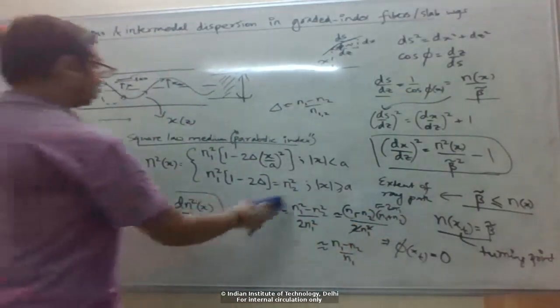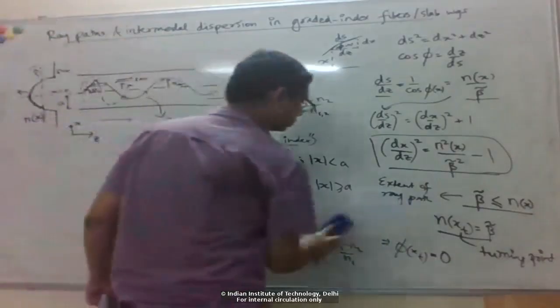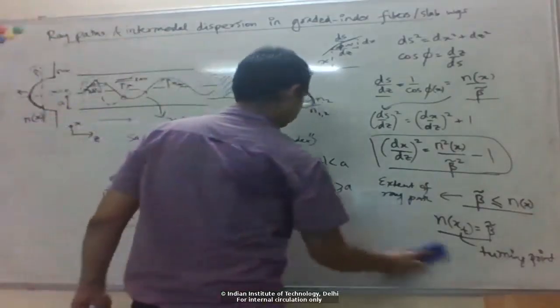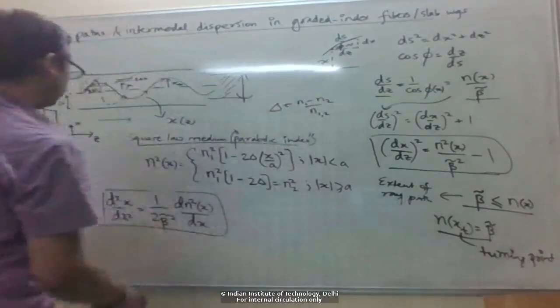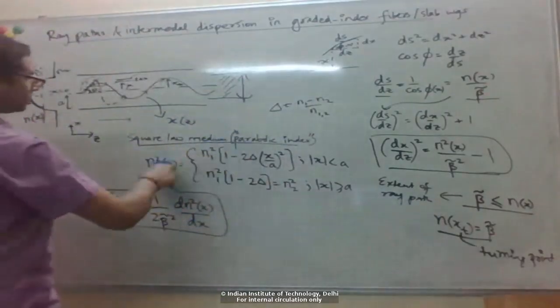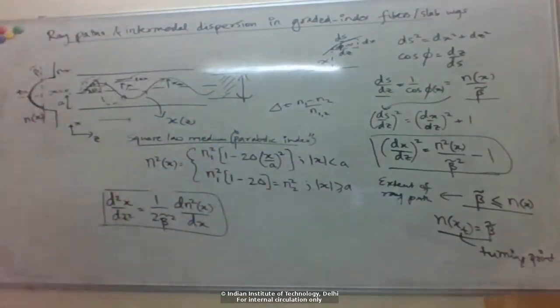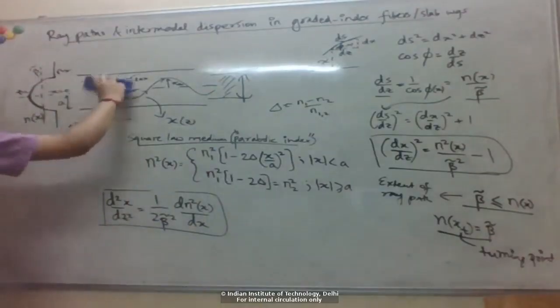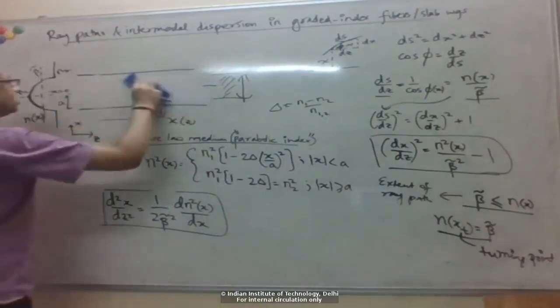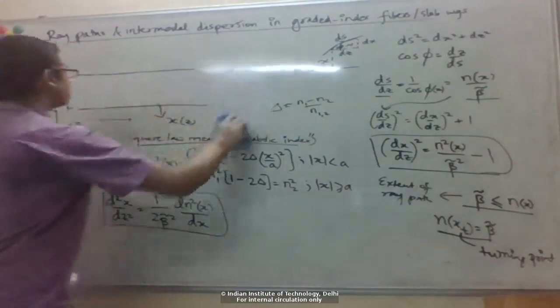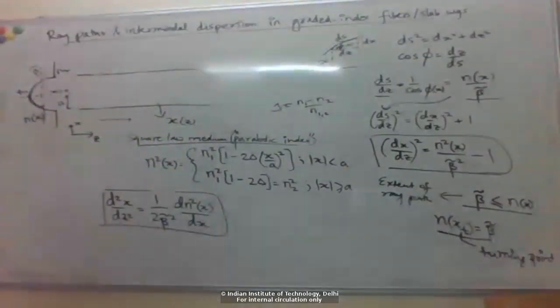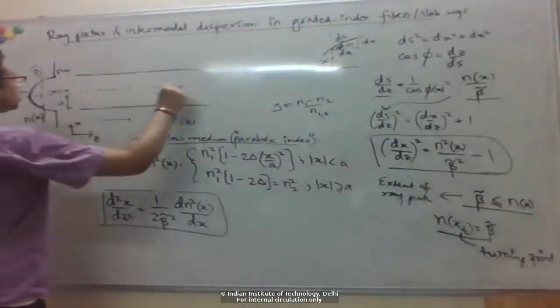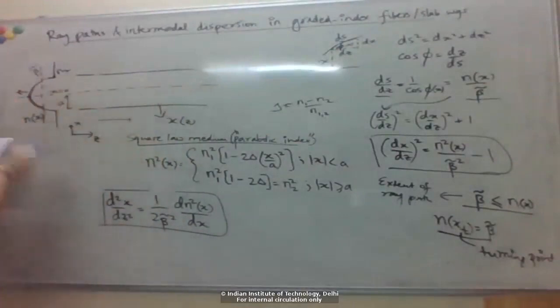Anyway, we want to solve this equation for this kind of medium. So again, what kind of paths can we have?